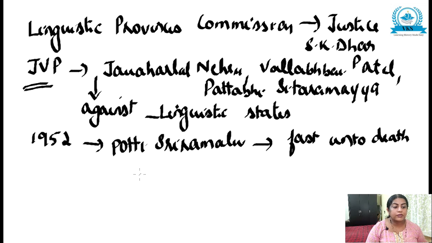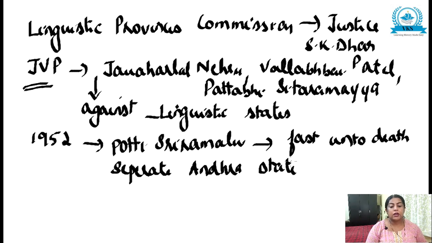For the cause of a separate Andhra state. He wanted a separate Andhra state. For that reason, he undertook a fast unto death in 1952. But he expired after fasting for 58 days.